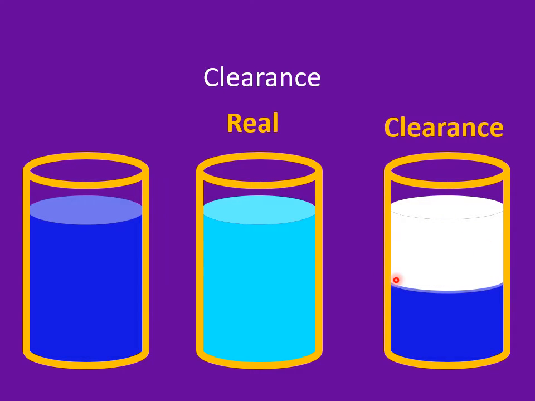So this part which is white, depleted completely of solute, this volume is the clearance of this dye. And the bottom part is the part which is not cleared. So this is the difference between the real dye, which is the same color all around the solution, as the plasma will really look with the dye depleted, and if we want to calculate which quantity of volume was depleted, we have to make the calculus of clearance with a virtual volume.